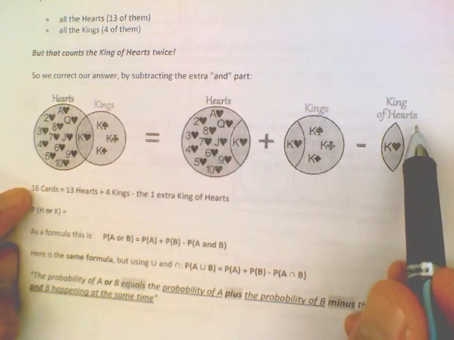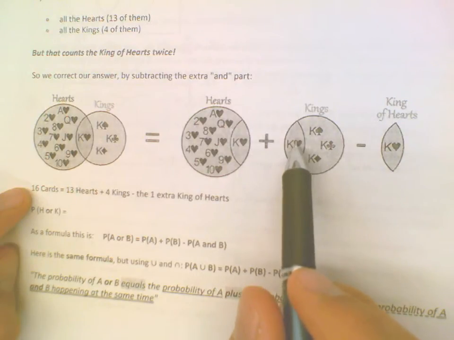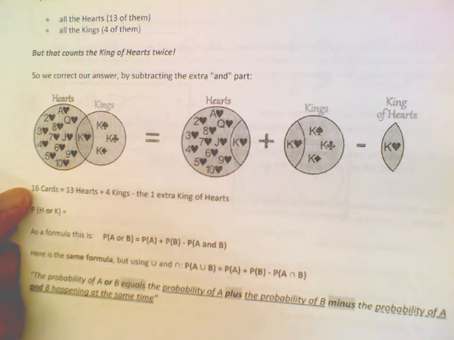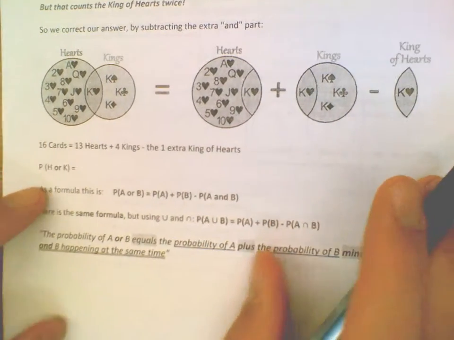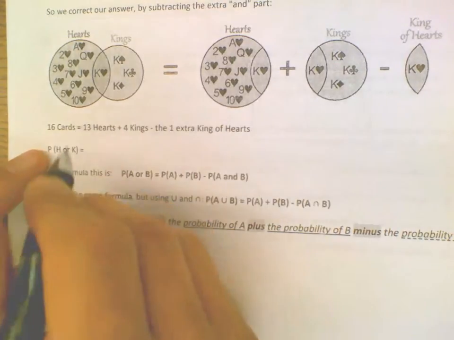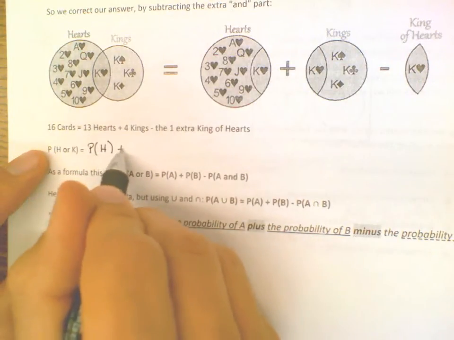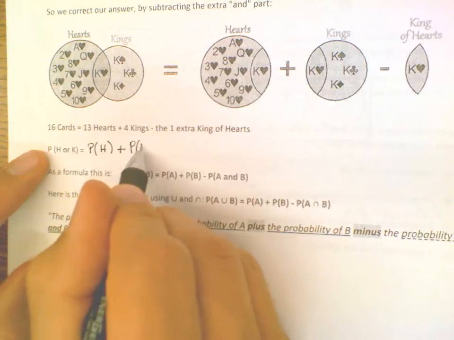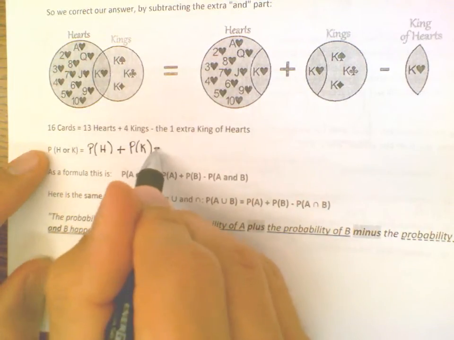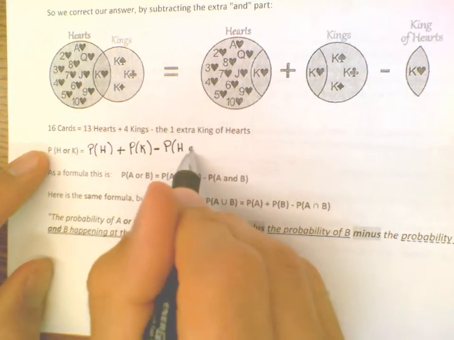So if we take one of them away, then we've added up the proper amount. So what you're actually going to do is take the probability of being a heart, and then add the probability of being a king. Then you're going to subtract the probability that it's a heart and a king.